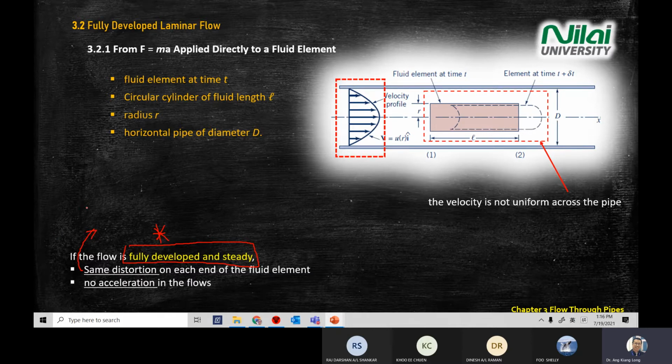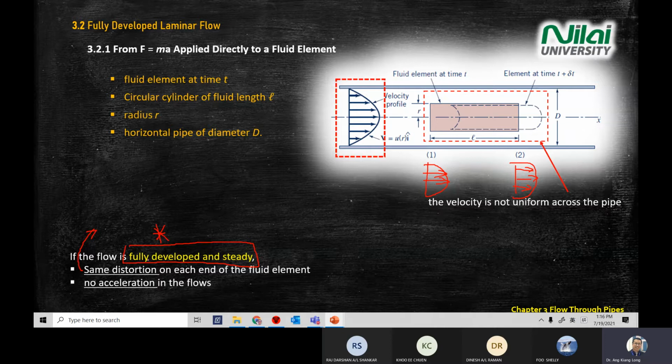Or you can say that the distortion means if point 1 is having this profile, point 2 also has the same parabolic profile.